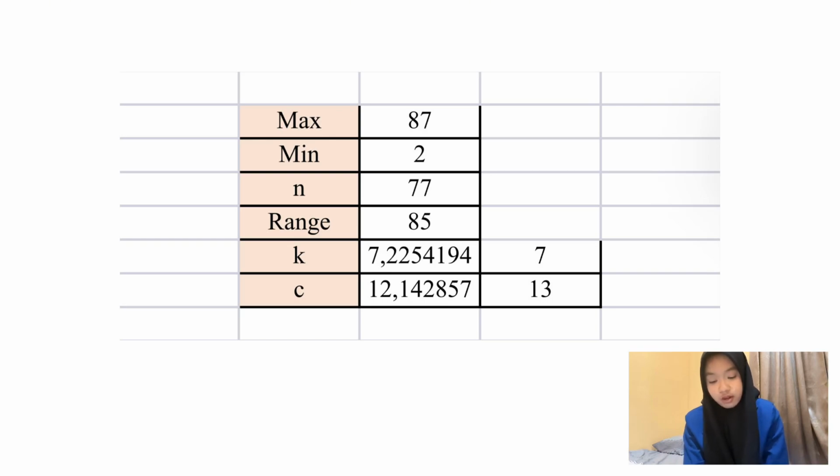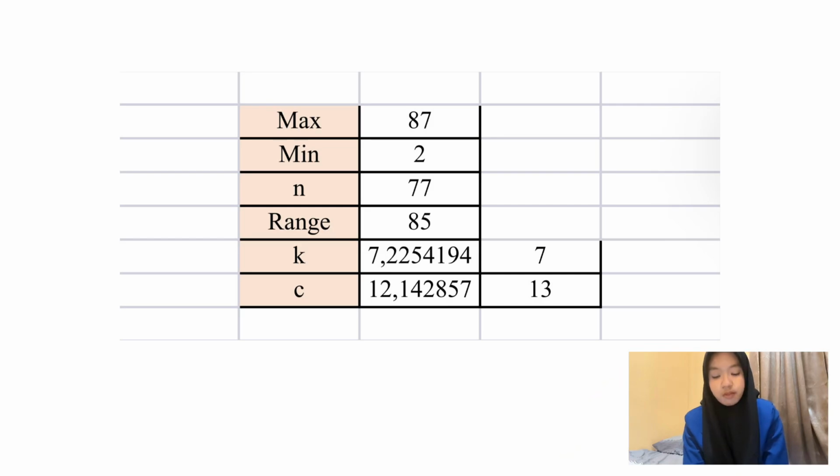These computations are performed in an empty area to the right of the dataset, beginning at column A. The maximum value is retrieved using the formula =MAX(A2:G12), which returns 87. The minimum value is found with =MIN(A2:G12), yielding 2. The total count of data points is obtained through =COUNT(A2:G12), confirming 77 entries in the dataset.